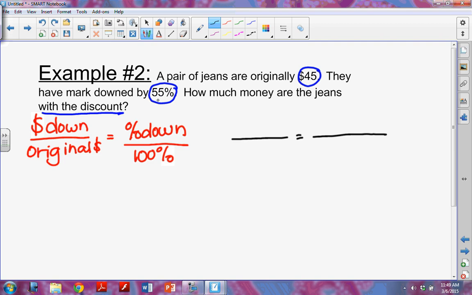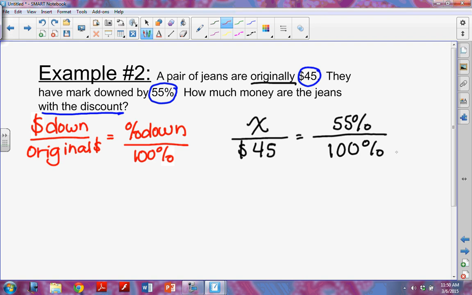I have money and a percent, so I don't know how much they're marked down, so I automatically know that's where my X is going to go. Problem tells me it was originally $45, so that's what I'm going to replace the original price with. The percent that it's marked down is 55%. And as always, it goes over 100%.